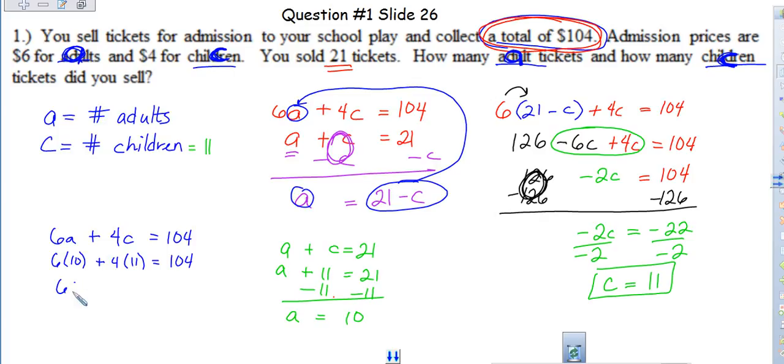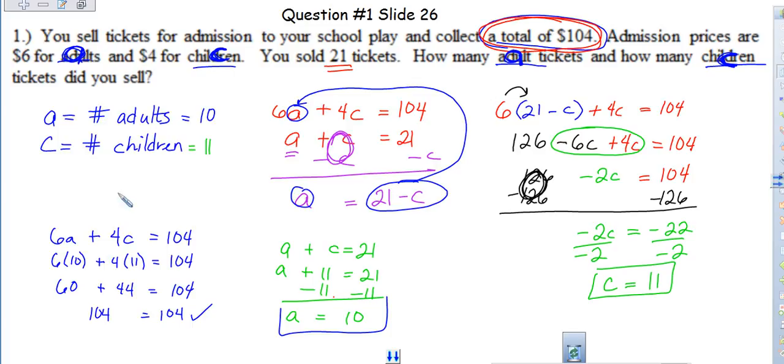Well, that's 60 plus 44. 60 plus 40 is 100, plus 4 is 104. So it checks. So then we know that that equals 10.